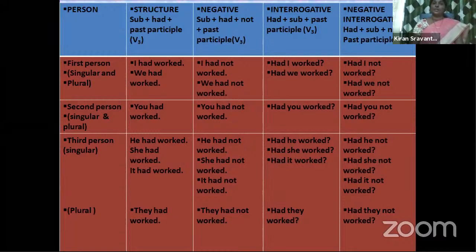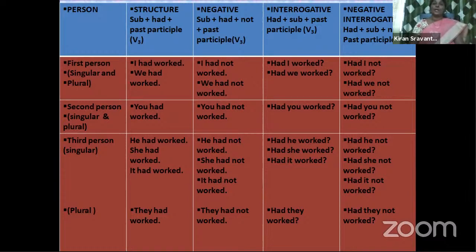Coming to the negative sentence, when we add not after had, then the past participle. I had not worked, we had not worked, you had not worked, he had not worked, she had not worked, it had not worked, and they had not worked.